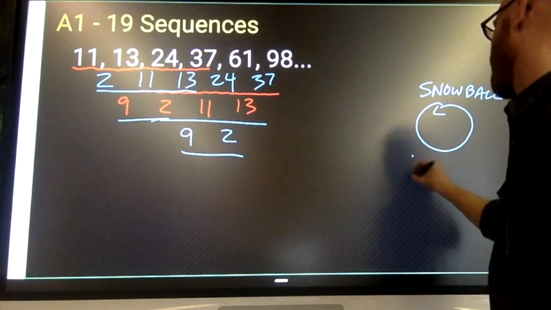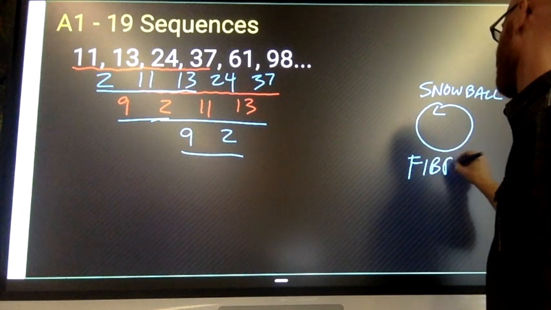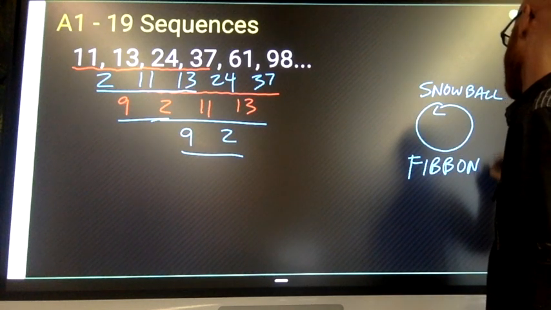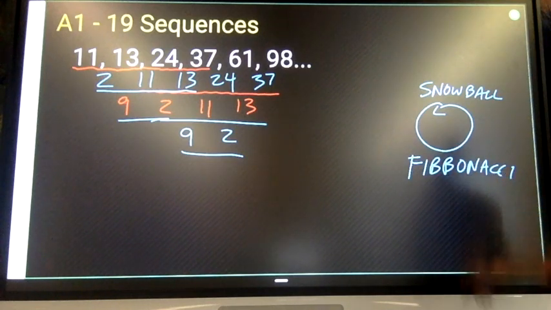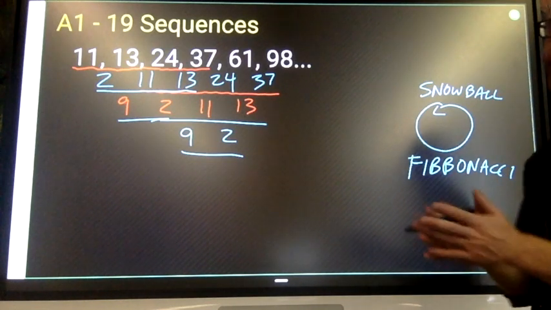I believe the correct term might be Fibonacci. Not sure if I spelled it right. There's probably only one B. Fibonacci sequence. Anyway, here's what's happening.